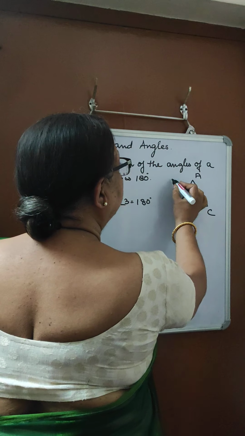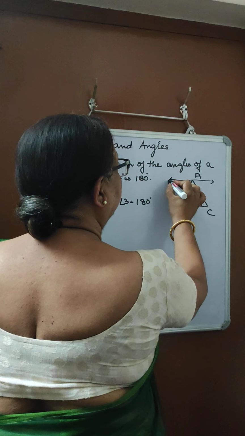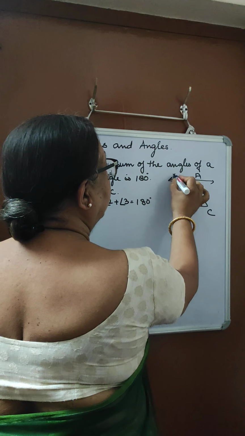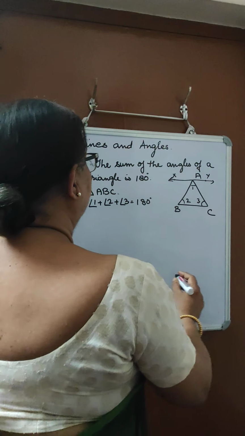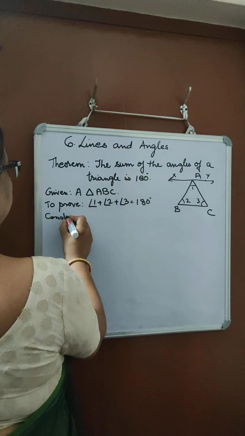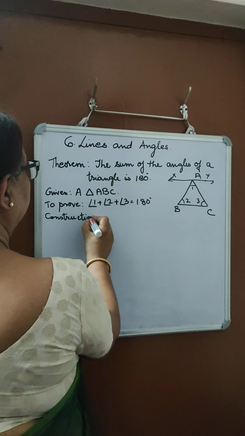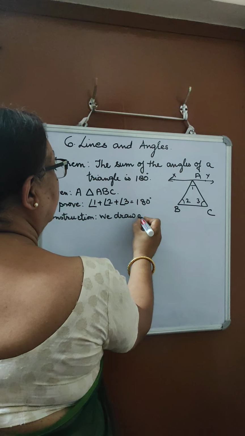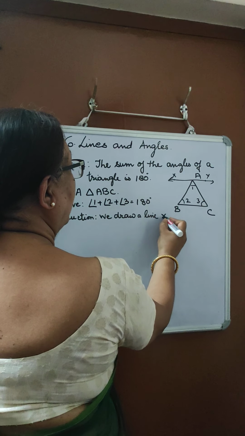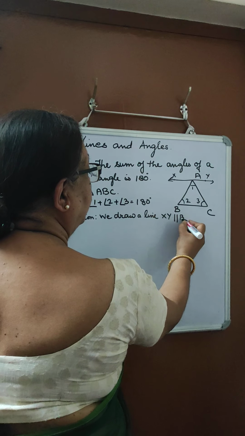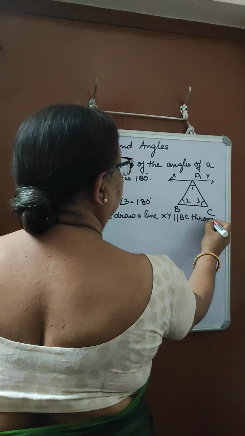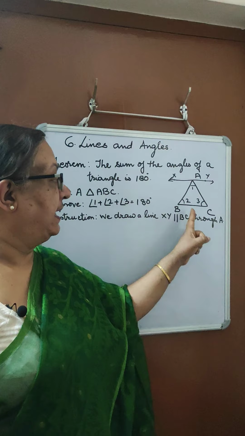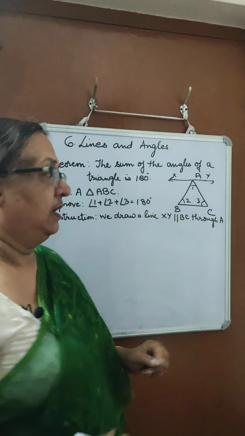We draw a line parallel to this base BC through this point A. Suppose this point is X, this point is Y. So construction: we draw a line XY parallel to BC through A. XY is a line parallel to BC passing through this point A. Now see the proof.